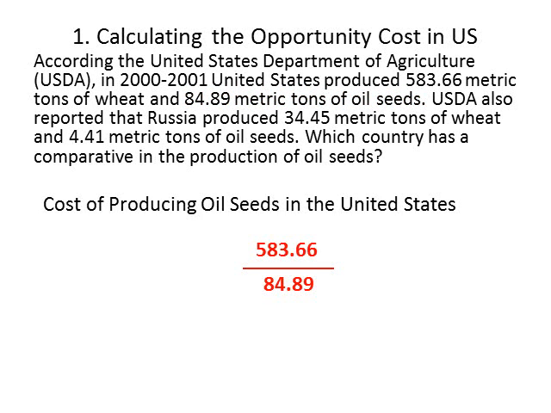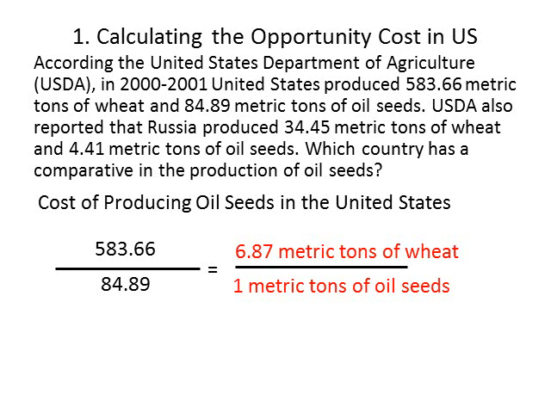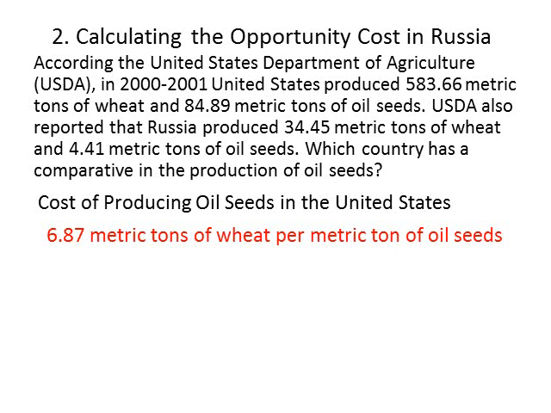We will need to divide 583.66 by 84.89. This gives us 6.87 metric tons of wheat per 1 metric ton of oilseed. So we're going to write that down, and next we're going to need to look at calculating the opportunity cost of the production of oilseeds in Russia.